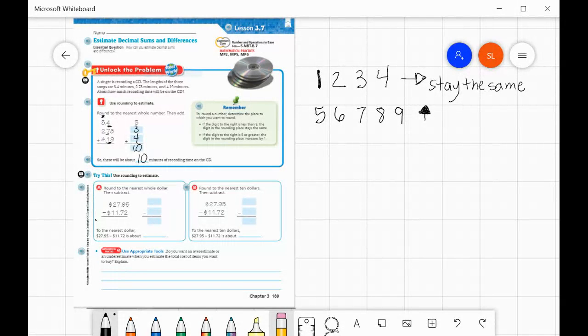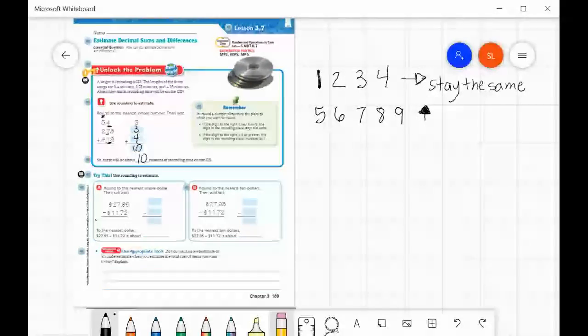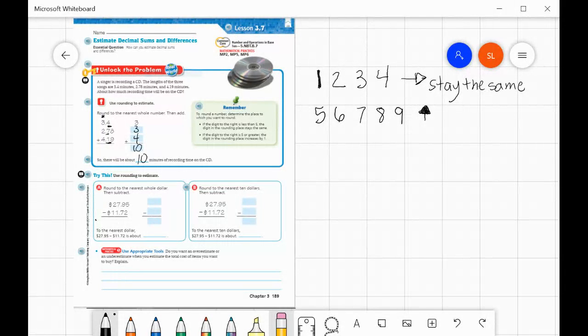We are subtracting here. When you're rounding, it doesn't really matter. It's just once you get to the point where you're either adding or subtracting to find your final answer that you need to pay attention to that operation. So we're going to round to the nearest whole dollar. So once again, we're going to be looking at the tenths place to tell us what we need to do.